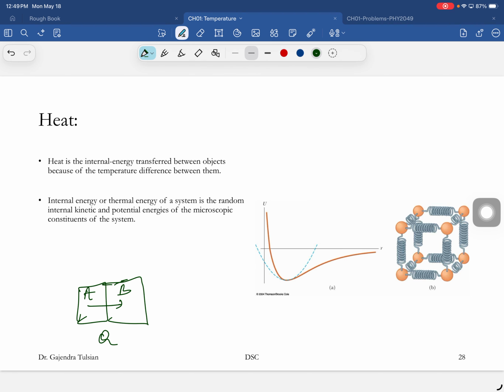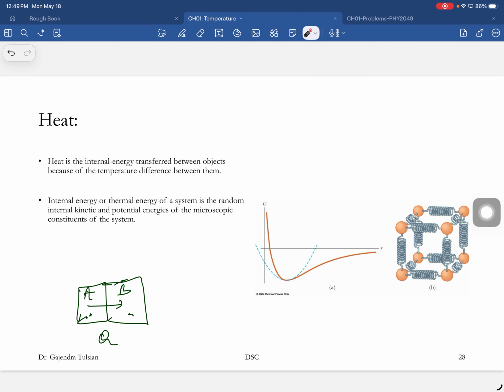As it falls at constant speed, it loses potential energy, and that potential energy is turned into heat here. The paddle is warming this water. You can measure the rise in temperature and calculate the amount of heat in calories. So this many joules got converted to that many calories.